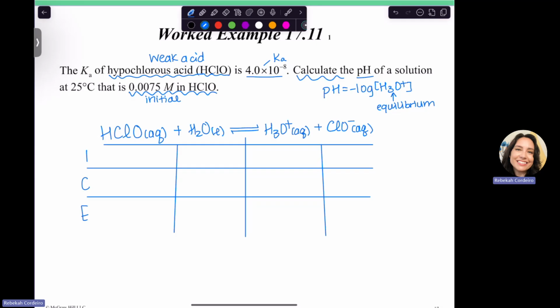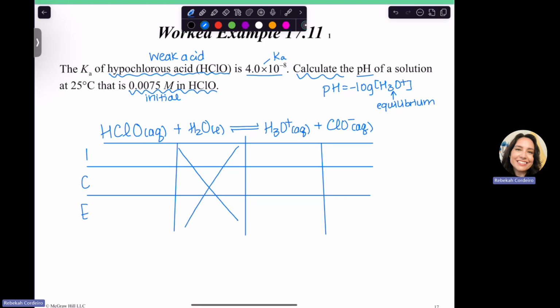They're not exactly straight, that's okay. Cross out your water because the water is liquid; we're not going to be including it. I have 0.0075 molar of my hypochlorous acid. They did not give me any information about any products, so we can just put zeros here.